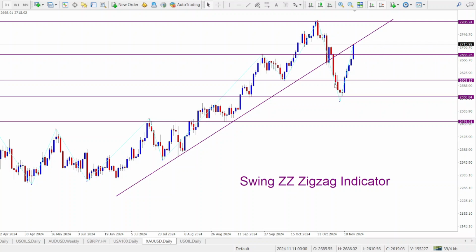Now, in terms of risk management, note that this indicator helps identify impulse and corrective moves, but it doesn't mean that it guarantees profit. It doesn't mean that it's always accurate. There are cases where you get a false signal, because no indicator is 100% accurate. Make sure that you always use good risk management so that even in situations where you encounter a loss, your losses will always be smaller than your profit.